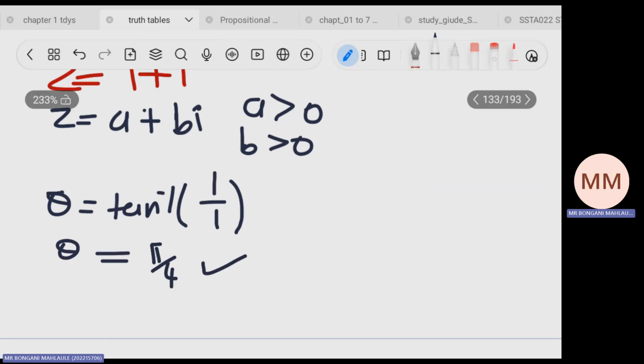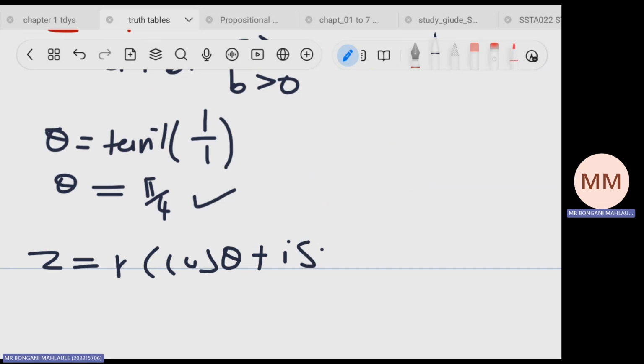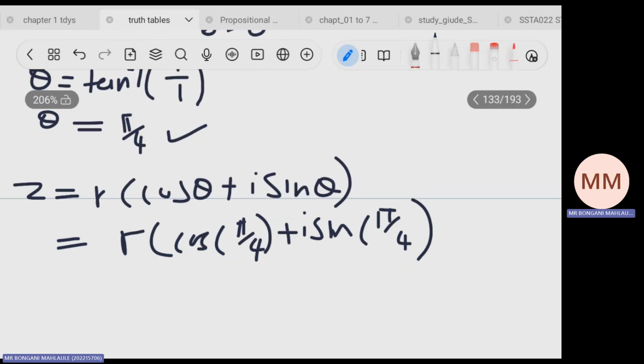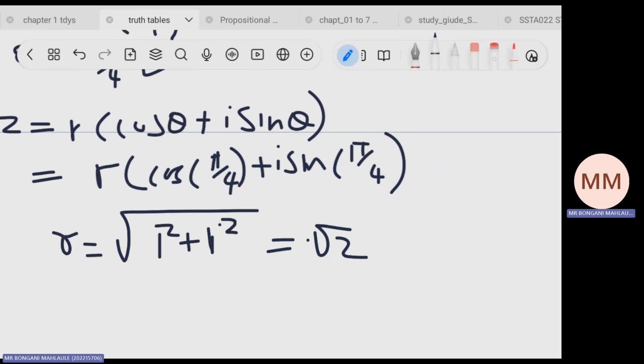So that's our theta. Then z will be r. Remember, this is the format: r times cosine of pi over 4 plus i sine of pi over 4. So now we want to find the value of r. It will just be the square root of 1 squared plus 1 squared, which will be the root of 2.